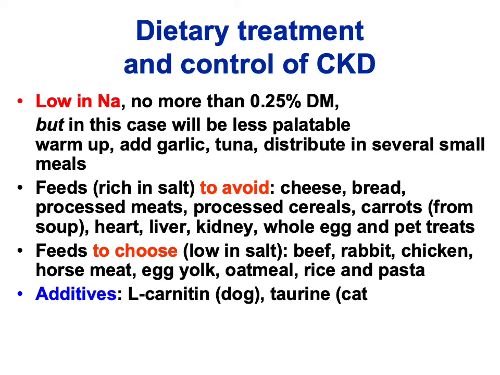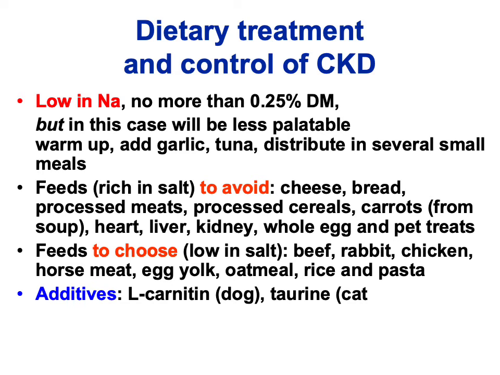Feeds to choose which are low in salt are the lean meat of beef, rabbit, chicken, and horse. The yolk of the egg is good, and the oatmeal and the rice and the pasta, and pasta is the best in the case of a homemade diet.